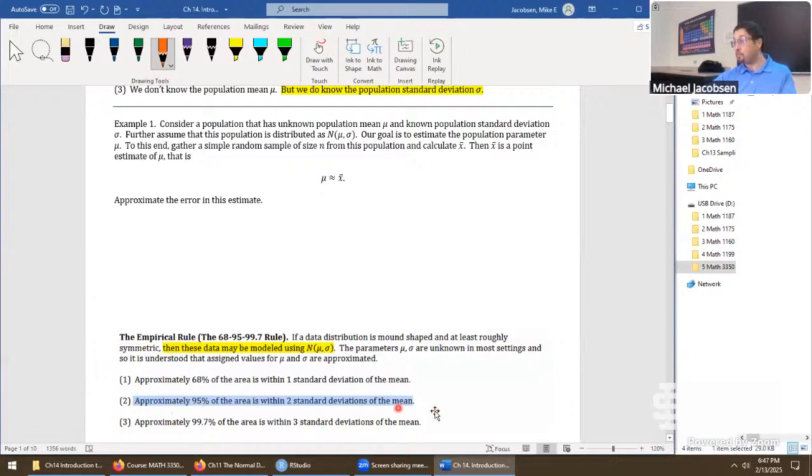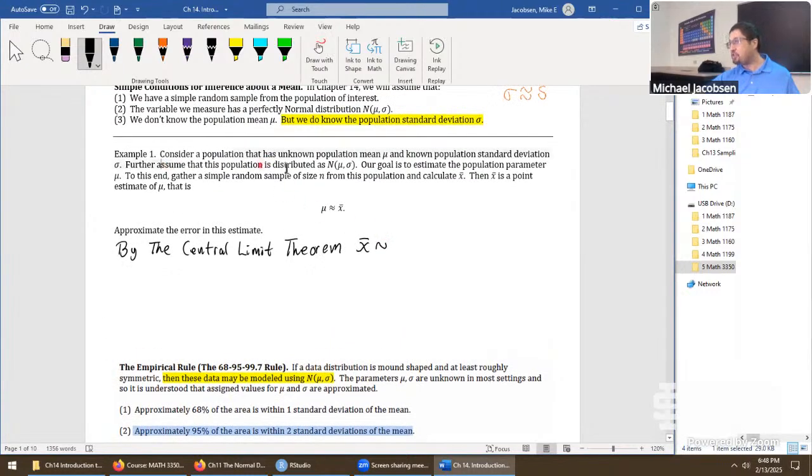95% of the area under the normal curve is within 2 standard deviations. But it's not this normal curve, so we have to do one other thing first. First, we'll say, by the central limit theorem, we have that the sampling distribution of x bar is distributed as, now in practice, this is an approximation, but they said the population is distributed normally, so this would be exactly normally distributed here. So we'll go N for normally distributed.